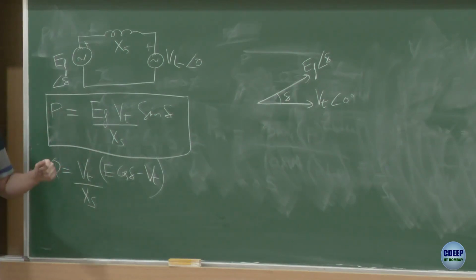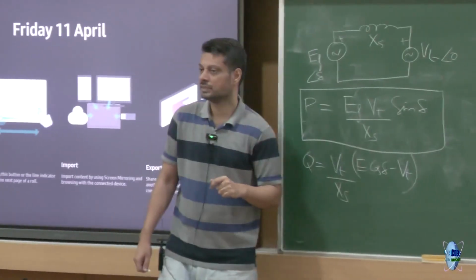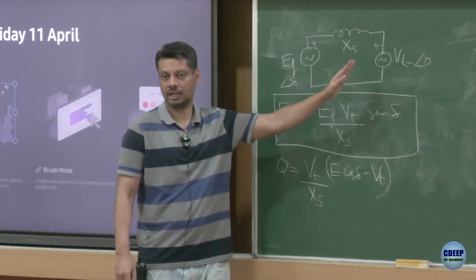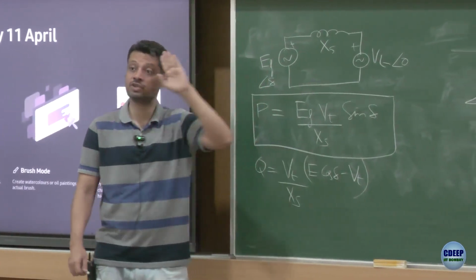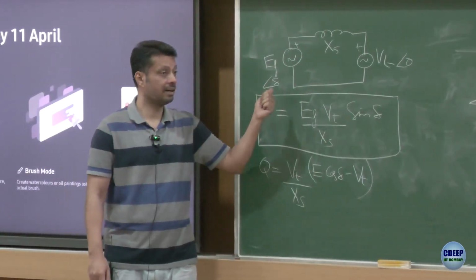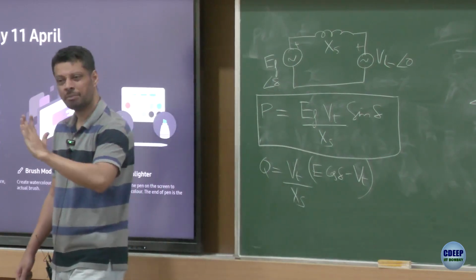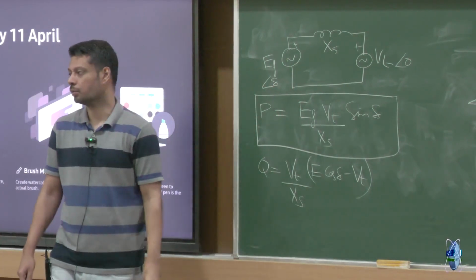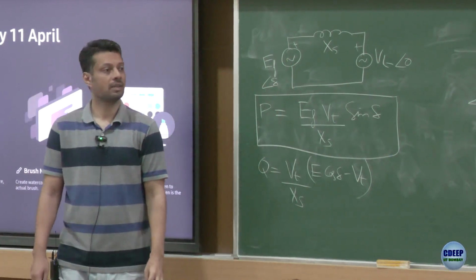So, if I want to transfer, let us say 100 kilowatt of power from this source to this source, what should I do? I should ensure that my delta is leading by some degrees, so that the power transfer is 100 kilowatt. Is that okay?